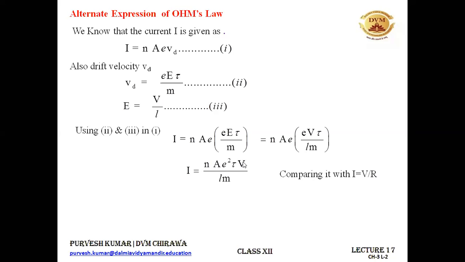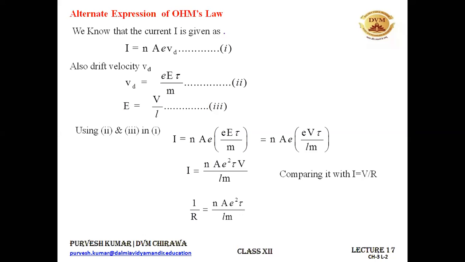I can separate this V. On the left hand side it is I, and on the right hand side it is 1 by R multiplied by V. So if I remove this V, whatever term is left in this expression is equal to 1 by R. So I can write it like this: 1 upon R is equal to nAe² τ divided by Lm. That's what I can do.